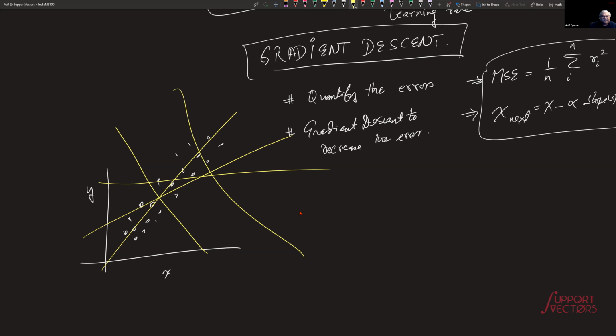Now, one bit of convention. When you learn about the equation of a straight line in school, you write it as y is equal to mx plus c, or b, whatever it is, the intercept. In machine learning, there are a lot of symbols flying around, so people have agreed on a convention. The convention is Greek versus Roman.